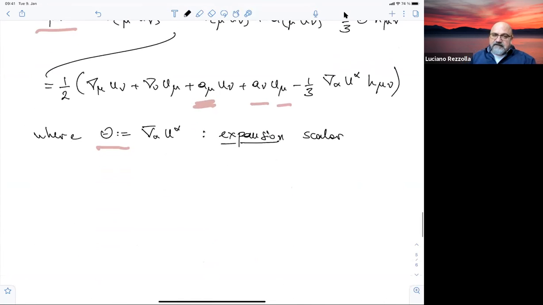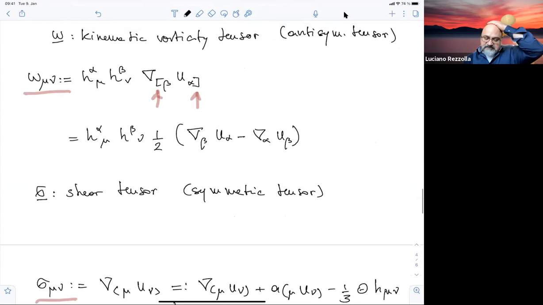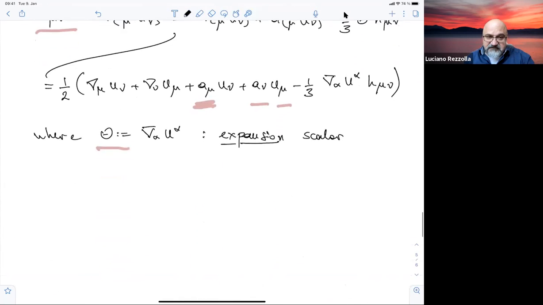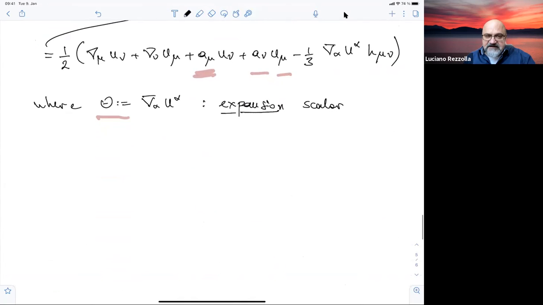So what do these tensors mean, okay? You call them a shear, vorticity, expansion. How do we understand what they represent? I said they represent everything, okay? Whatever complicated fluid motion, you can decompose them into these basic pieces.